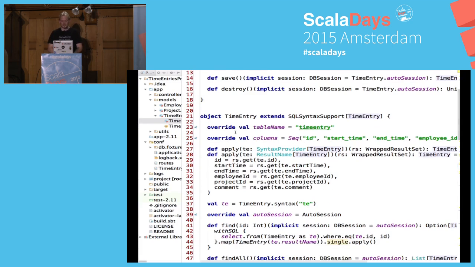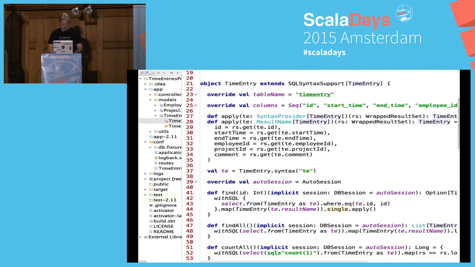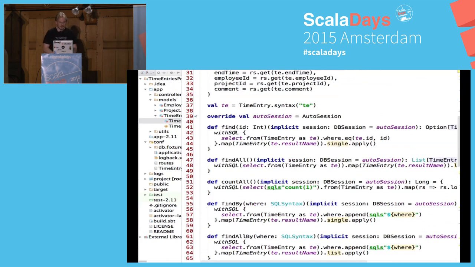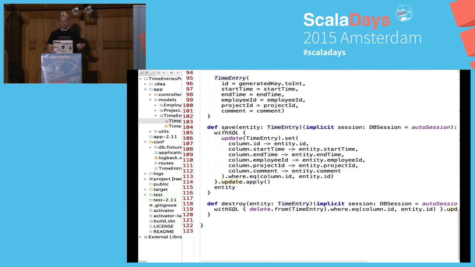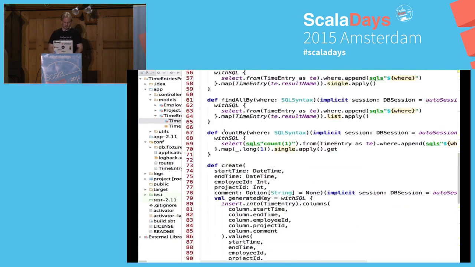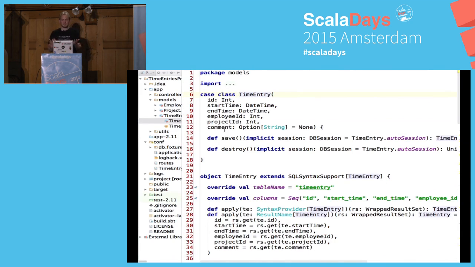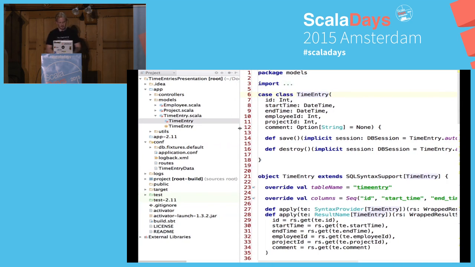It's created a companion object with the mapping all for you. And it's created even some functions like a find function, the findAll function, findAllBy, and the create, save, and destroy methods. So we basically now have everything we want to be able to make that create, read, update, and delete API.